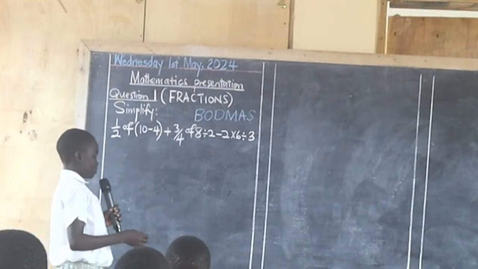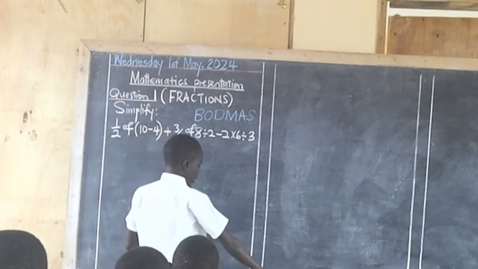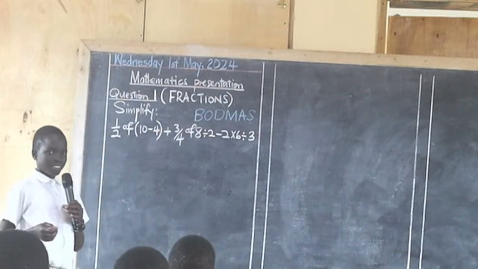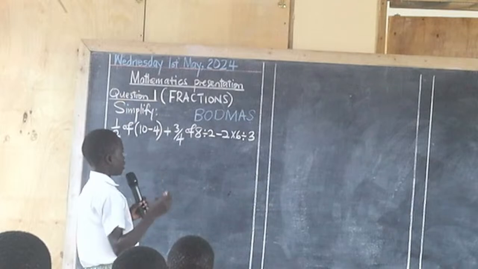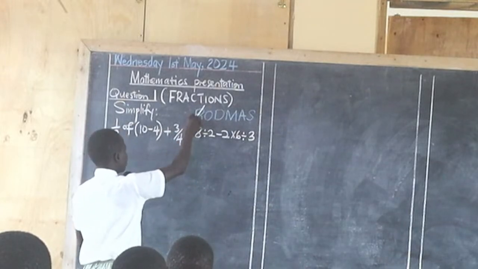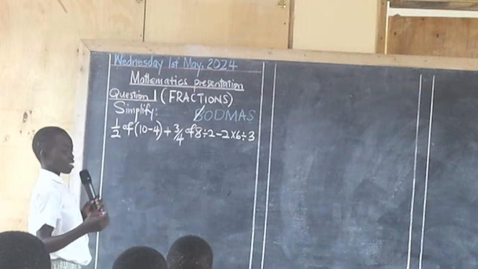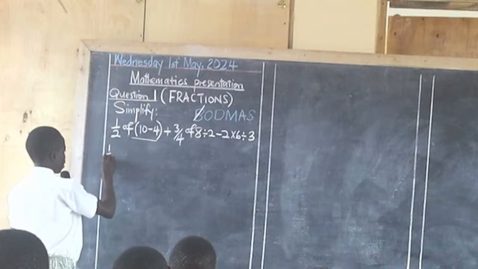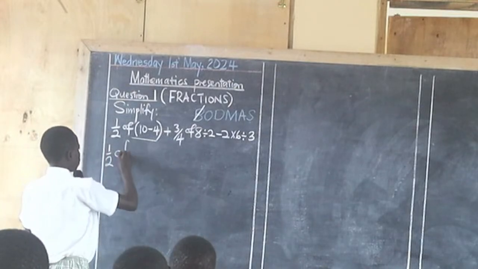So now we are going to start by the order, as BODMAS is the order of operations. We are going to start with the brackets. Where are the brackets? They are here, in a half of.